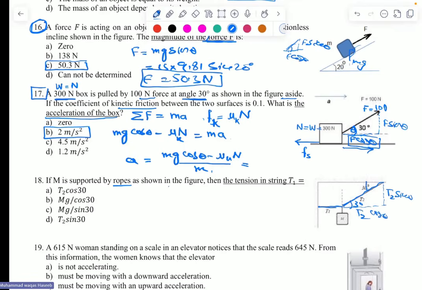The tension T1 is along the direction of the x component of T2, so T1 is related to T2 by the factor T2 cosine 30 degrees. So option A is correct in that case.